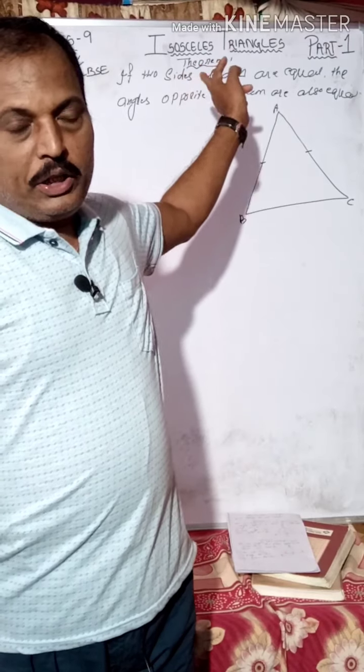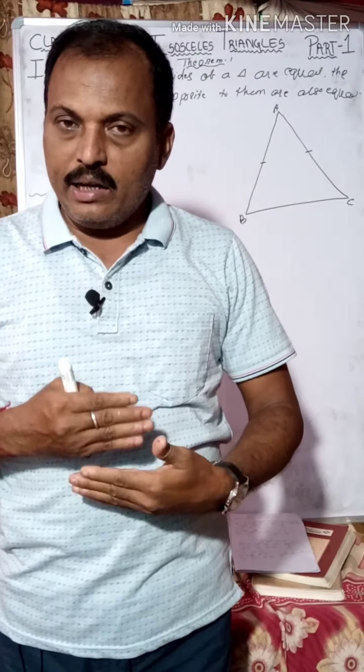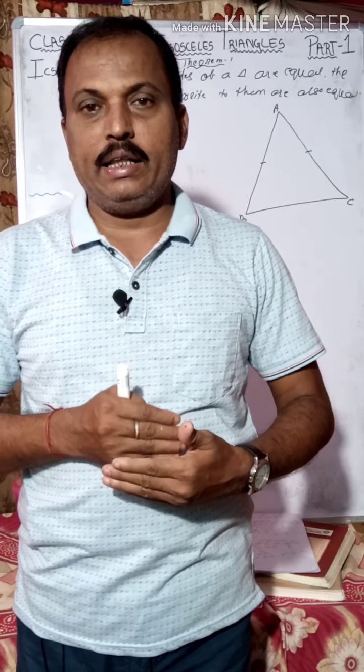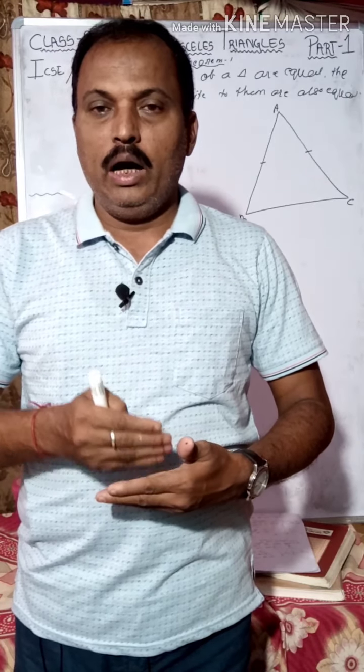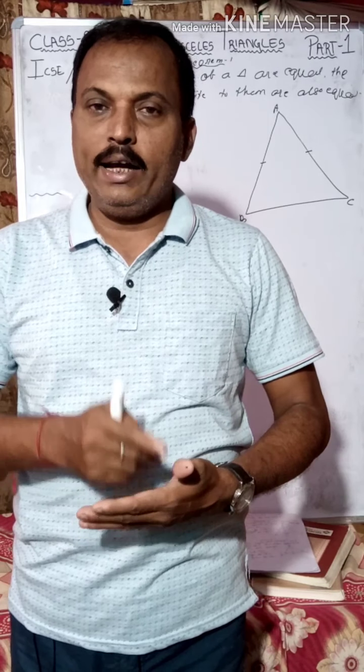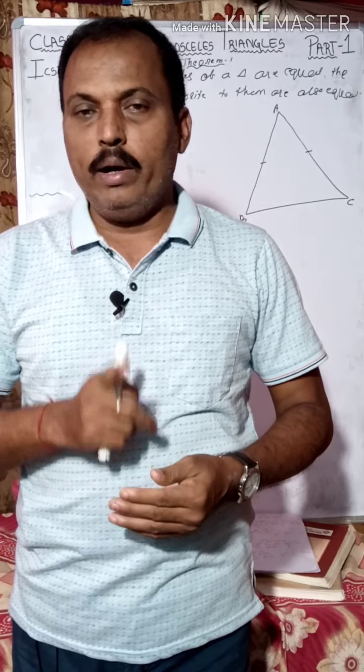Our statement or theorem tells us what is given and what is to prove. Most important thing: our theorem, our statement, our question tells us what is the given point and what is to prove.